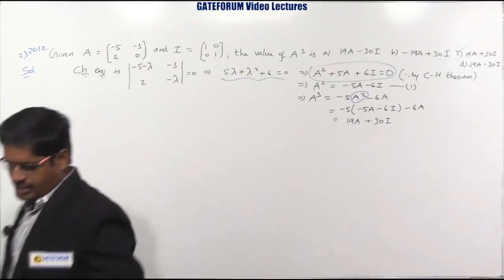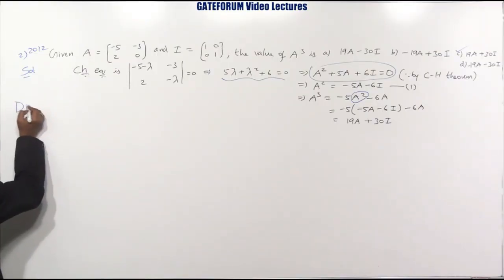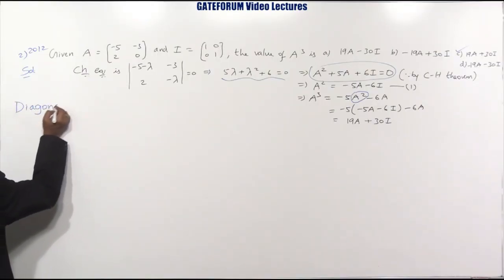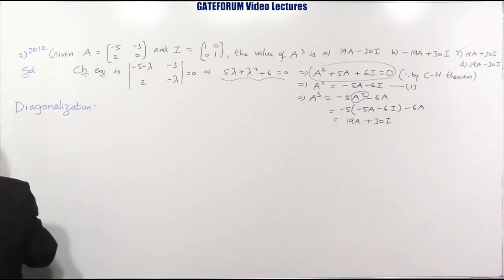Now the next one is diagonalization of a square matrix.